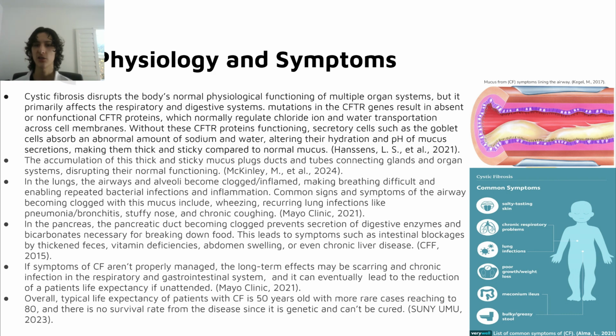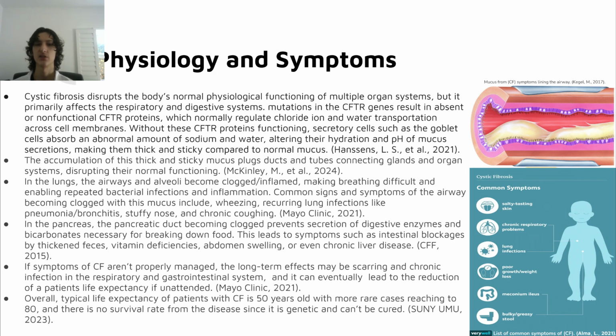Next, in the pancreas, the pancreatic duct becomes clogged, preventing secretion of digestive enzymes and bicarbonates necessary for breaking down food. This leads to symptoms such as intestinal blockages by thickened feces, vitamin deficiencies, abdomen swelling, or even chronic liver disease.